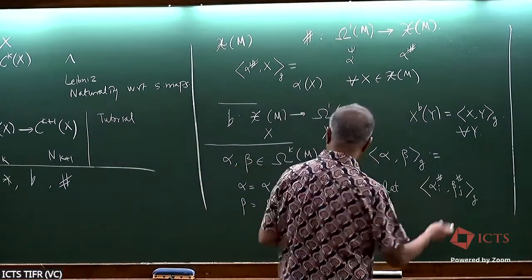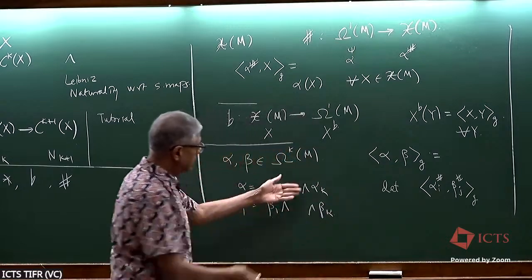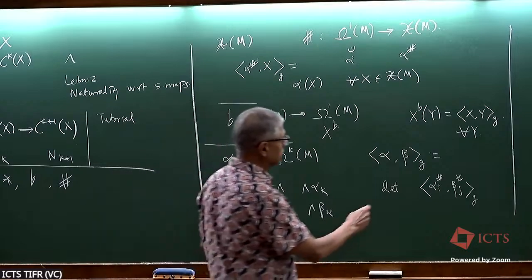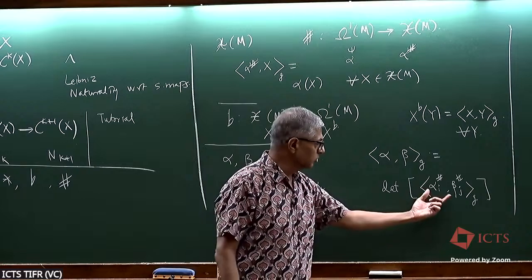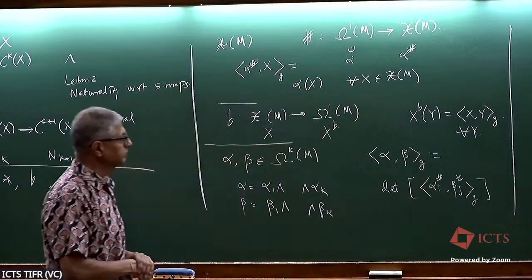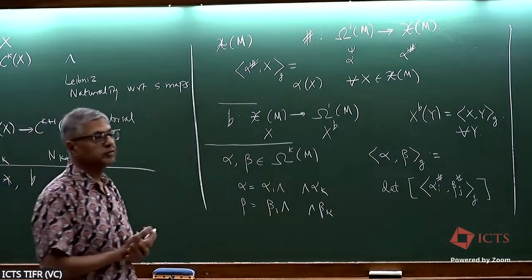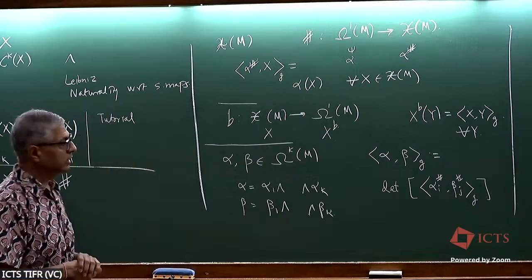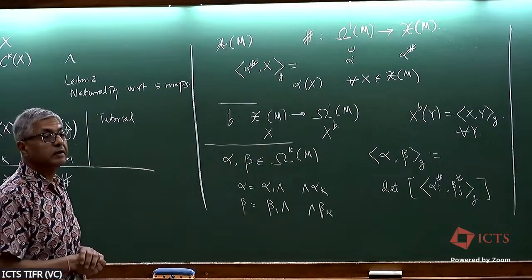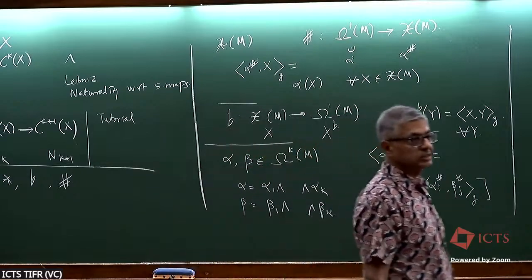And do this for all the alpha i's and all the beta j's. Since it's k and k, you will get a square matrix, and you take its determinant. That's one definition of the inner product on k forms. There are more involved ways to define it, but this is the one that I like. Yes? No, because you can pick different bases, but the inner product is unique.